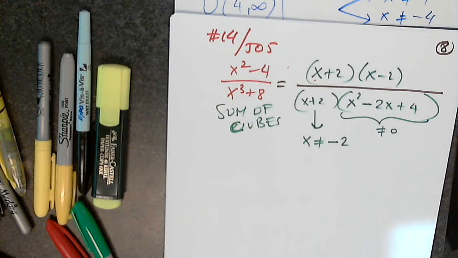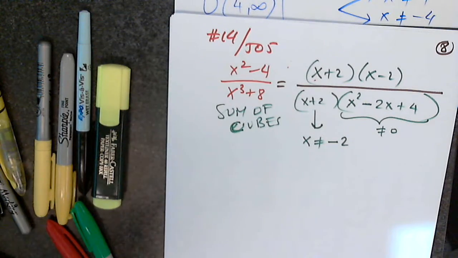So the minimum will be when x is 1. So I will choose the standard window, and then graph. It's above the x-axis, and it has its minimum exactly when x equals 1 and y is 3. So this can never have solutions.